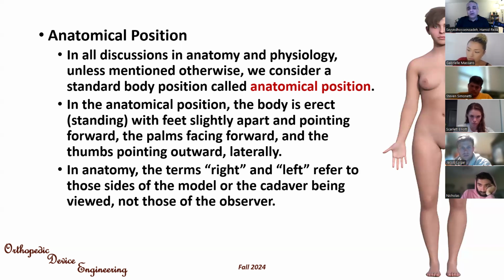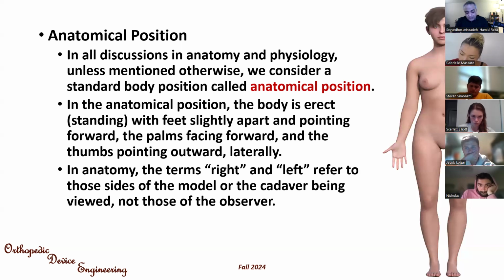So when you are talking about the location of the hand relative to the head, this is a standard location. Unless we specify a specific anatomic position, for example, bending forward position, bending lateral position. But if we don't mention anything, we are talking about this position.